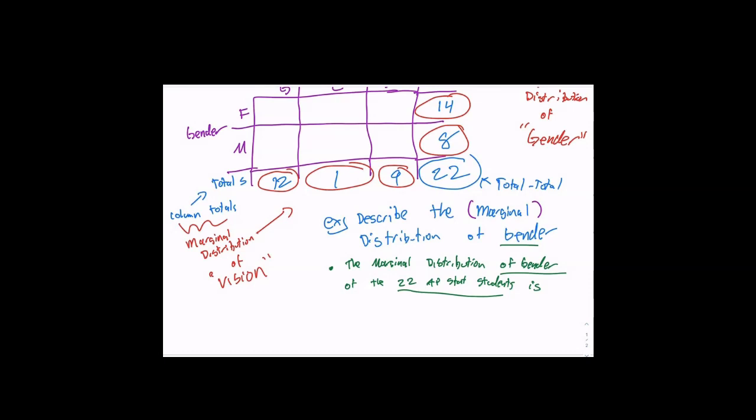How many? Tell me the distribution. Distribution just tells me to break it down. 14 females and 8 males. Boom. Done. Full credit. Perfect answer. If you didn't write the word marginal, you would have been fine, but since it asked me to find the marginal distribution, I wrote that.